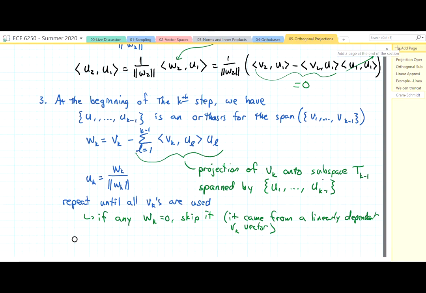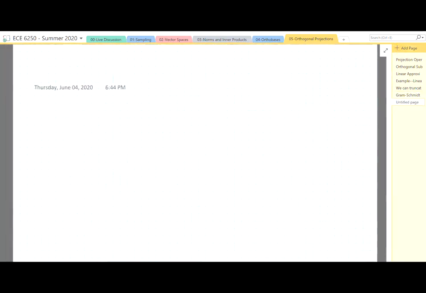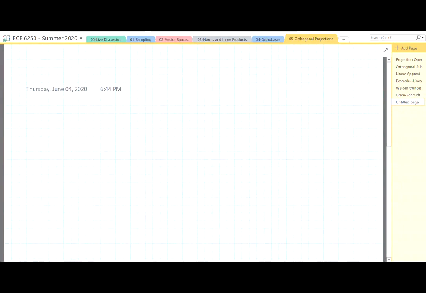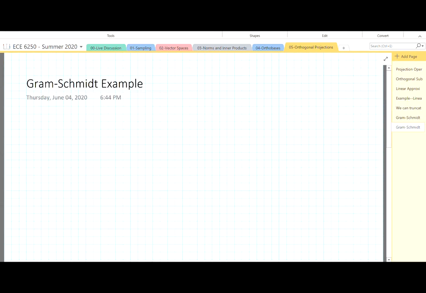It turns out that while the process is quite simple, it's often better to do this by computer because it can get rather messy. So we'll start with a simple example.